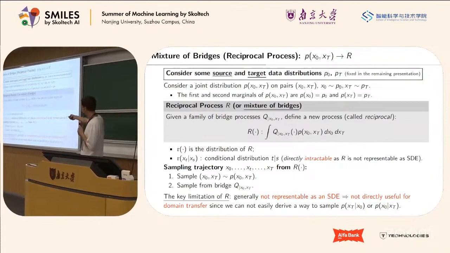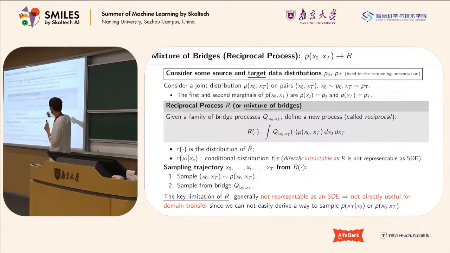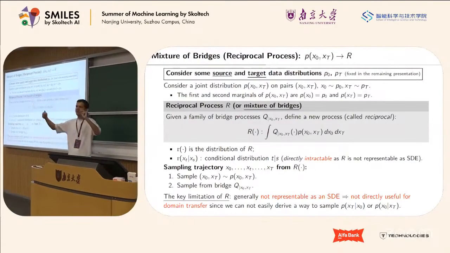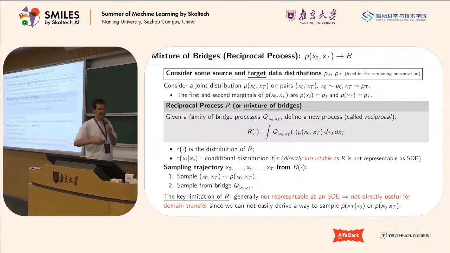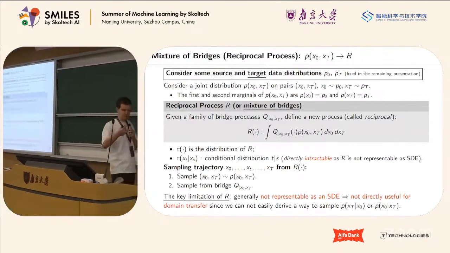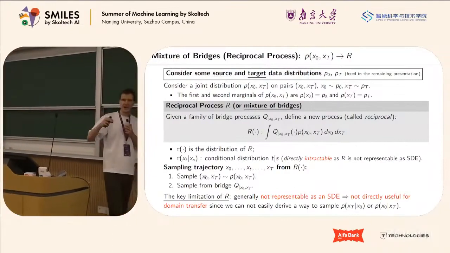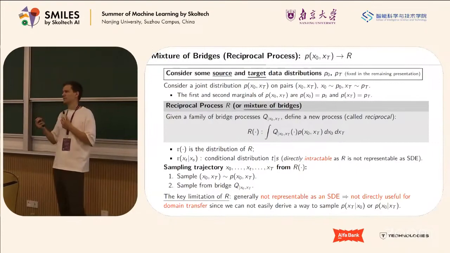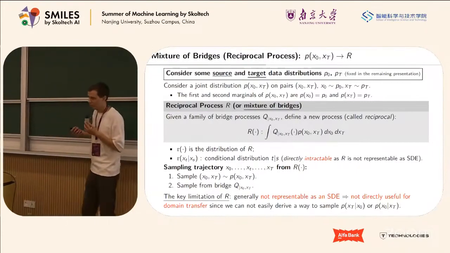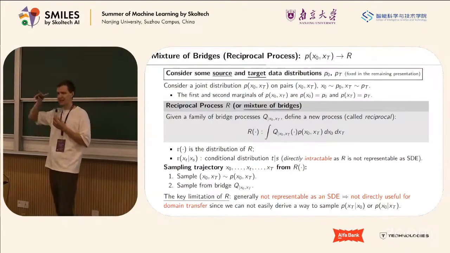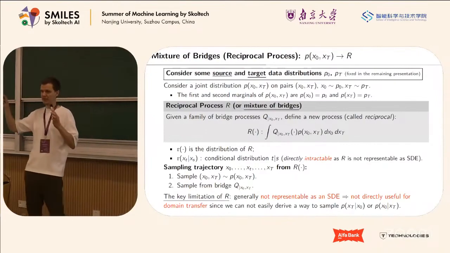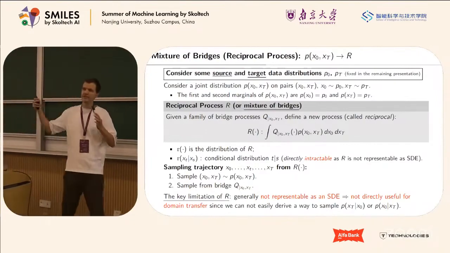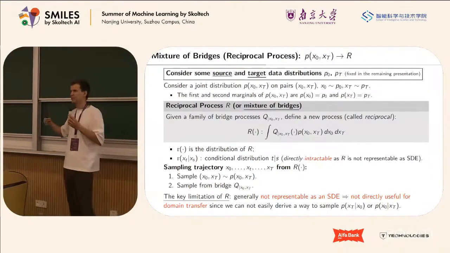We first take a pair of points x0 and xt from our coupling of two probability distributions, and then between this pair of points we insert our diffusion bridge. Roughly speaking, to get a trajectory for this process, we first sample start and end points from our data distributions, and then connect them with a trajectory from the diffusion bridge.